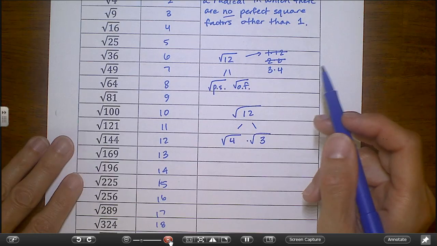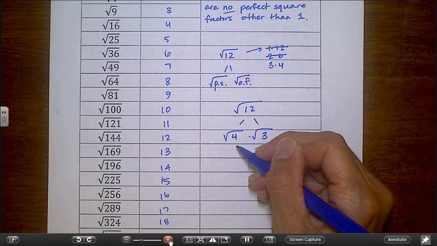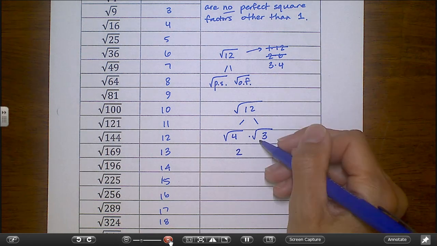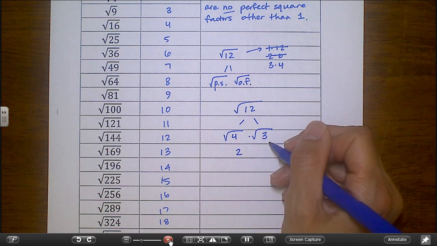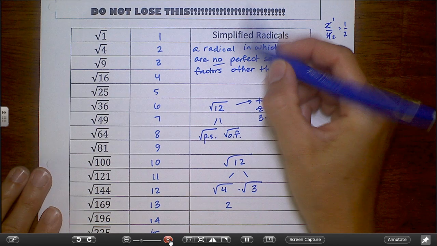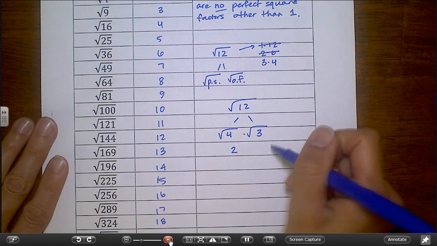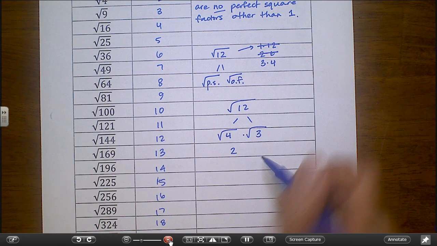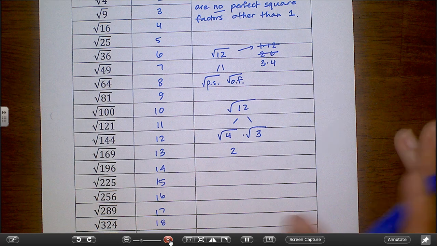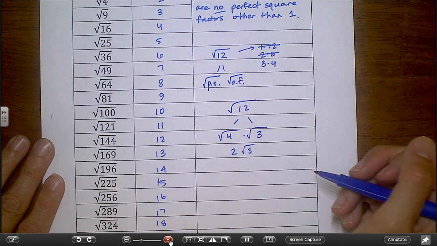The reason you want to do that is because I can take the square root of 4, that's 2. The square root of 3 is as simplified as it can be, because simplified radicals are radicals in which there are no perfect square factors other than 1. I can't break 3 into any multiplication of perfect squares, so I just keep it the way it is.